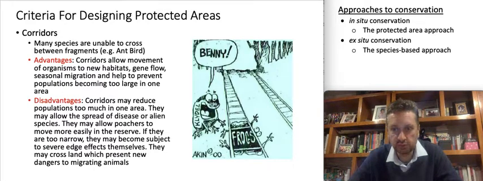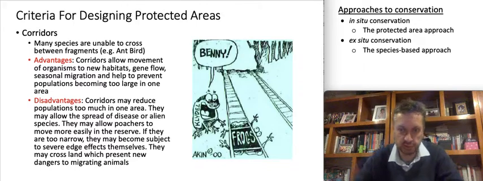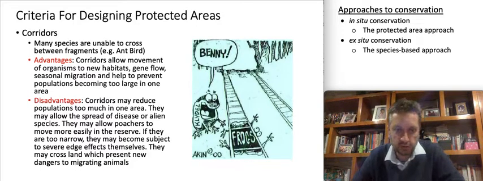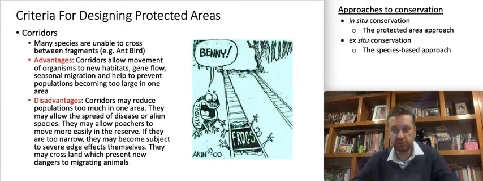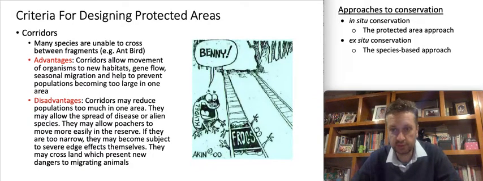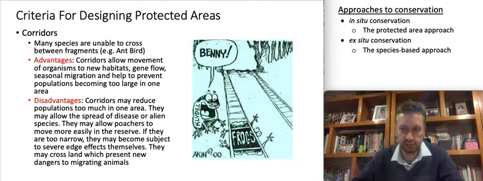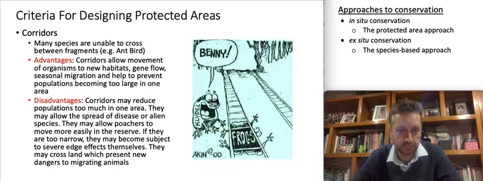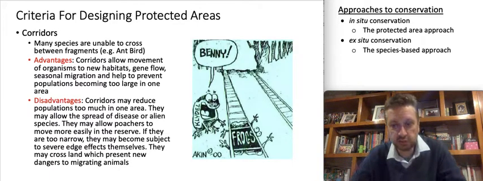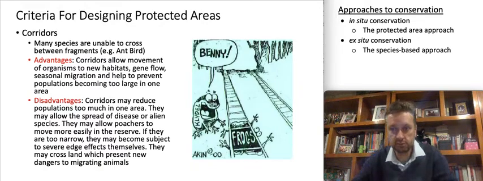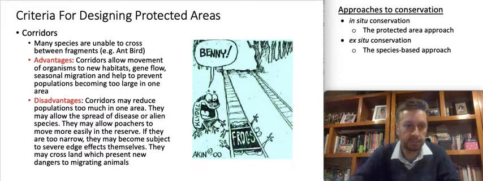It might also make it more difficult to police one of the areas, especially against poaching. If corridors become too narrow, they can be subject to edge effects themselves and therefore become very, very damaged. And they might cross land, which presents danger to species crossing as well. They'd be more open to predation, like I said, more open to disease, etc.